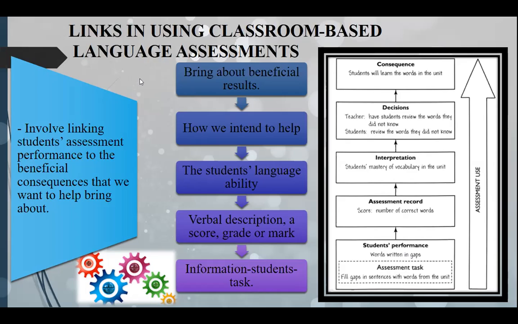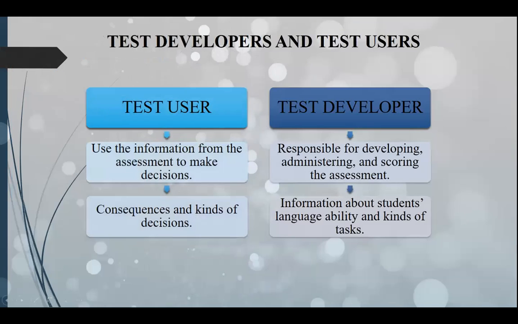Okay, in assessment, it's necessary to know there are two important participants, the test user and the test developer. The test user are people or institutions that use the information from the assessment to make decisions, and the test developer is responsible for developing, administering, and scoring the assessment.